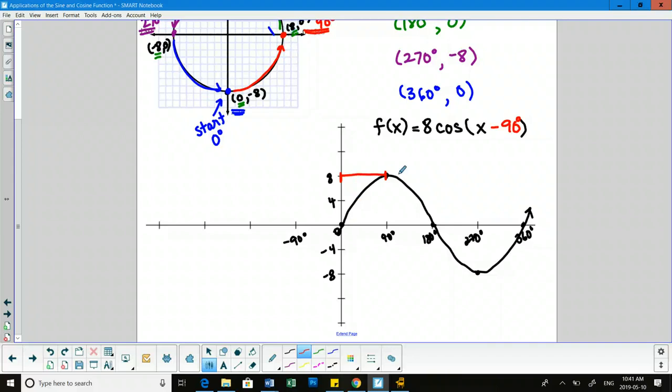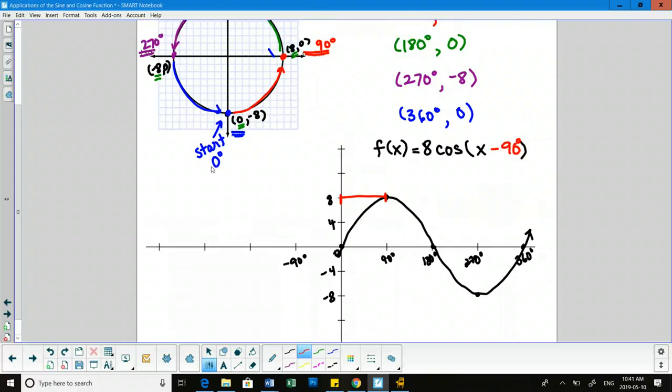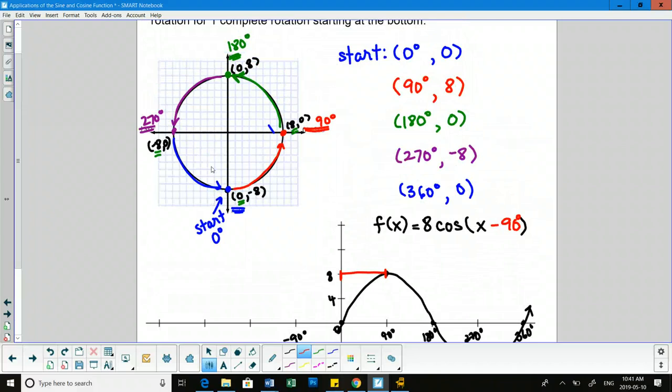That's why our max is now 90 degrees away from our starting position. Okay? The reason why the max is on 90 is because this location right here has the largest horizontal displacement. It has the maximum horizontal displacement of +8. So that's why our max is at that location.